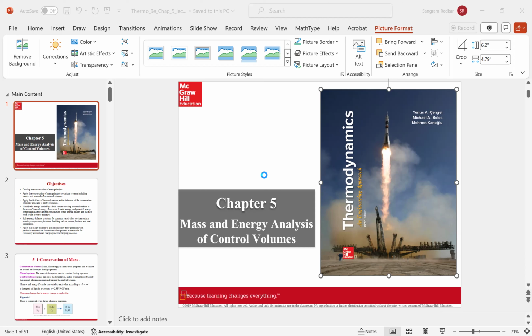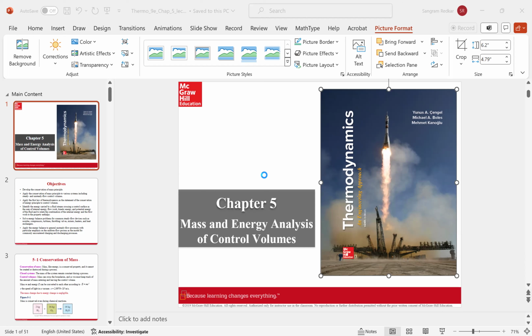Now, if you add the flow energy, you get the total energy, which is flow energy plus internal energy plus kinetic energy plus potential energy. In this total energy equation, I can add PV plus U, and I get the equation for H. So H is equal to U plus PV.